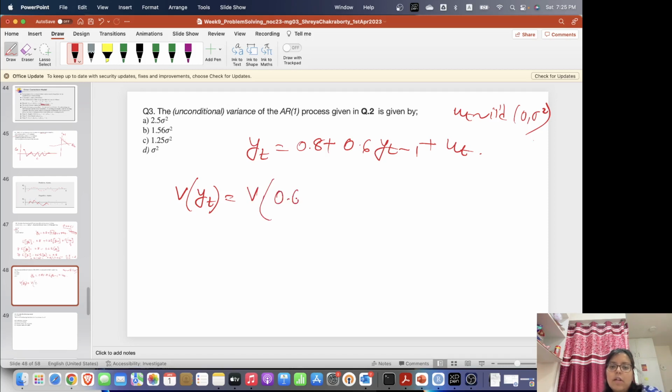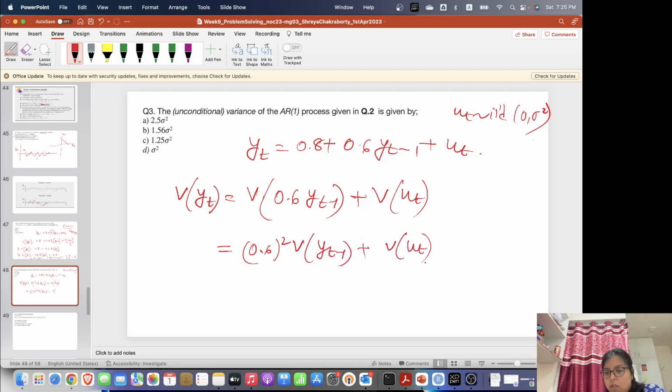Variance of 0.6 yt minus 1 plus variance of ut, and we have this assumption that these are not correlated with yt, so we will not have any covariance term. Now this one we can write as 0.6 square v of yt minus 1 plus v of ut. Why? Because variance of ax can be written as a square into variance of x, where a is some constant.